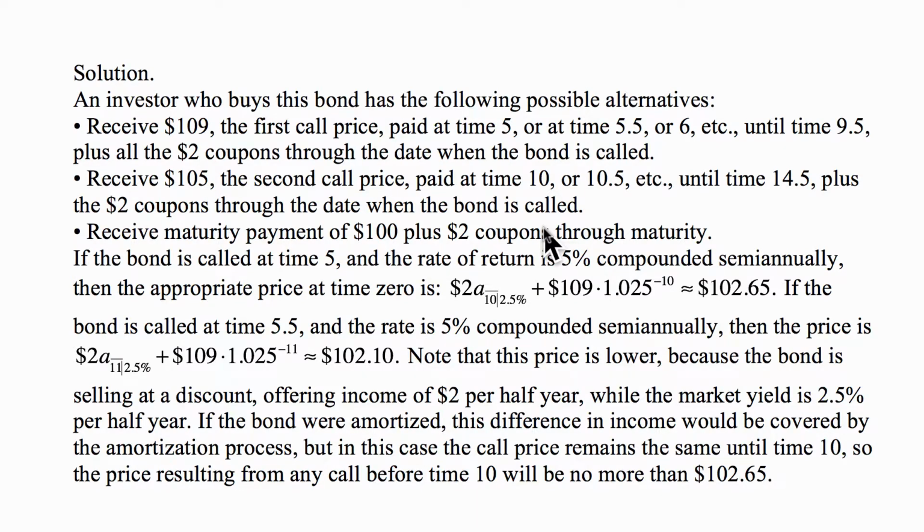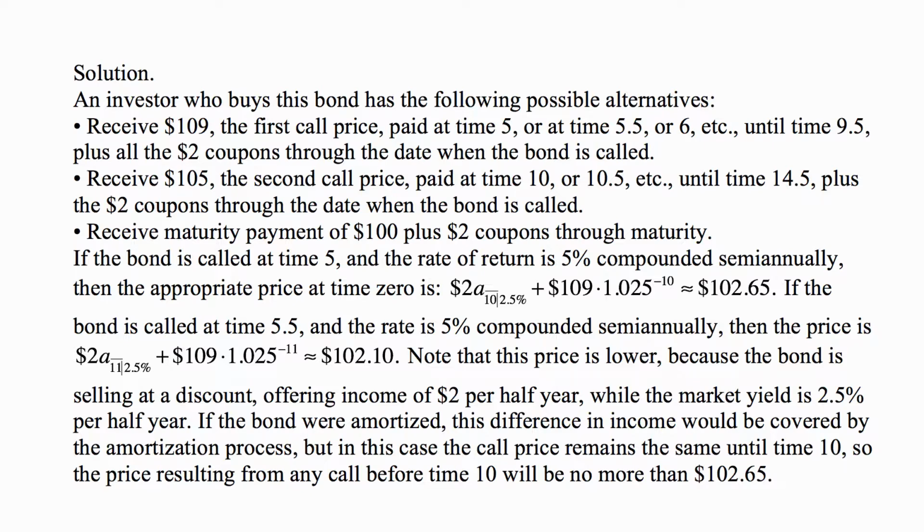So here's the solution. An investor who buys this bond has these alternatives: receive 109, the first call price paid at time 5, or at time 5.5 or 6, etc. until time 9.5, plus all the $2 coupons through the date when the bond is called.